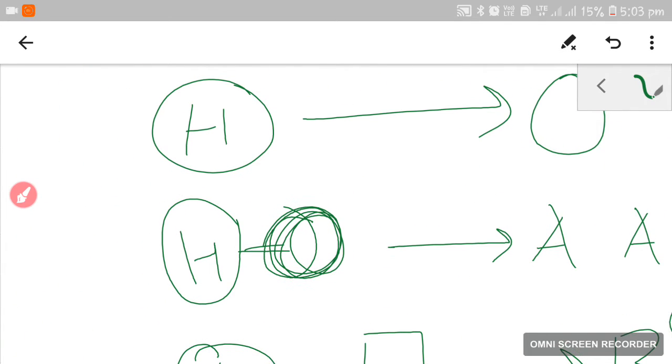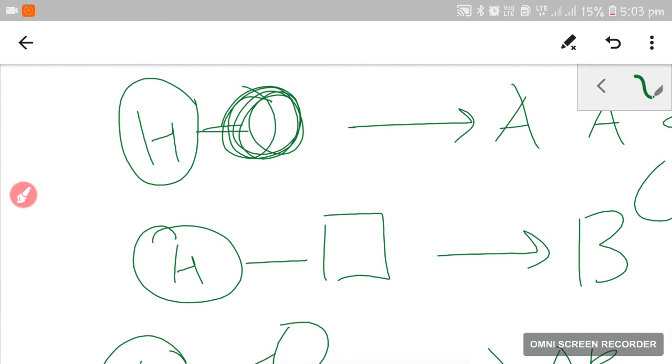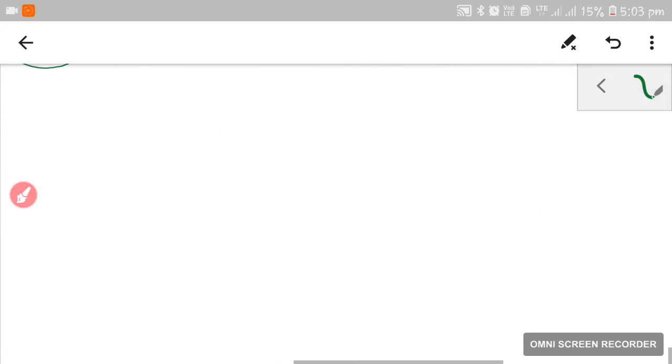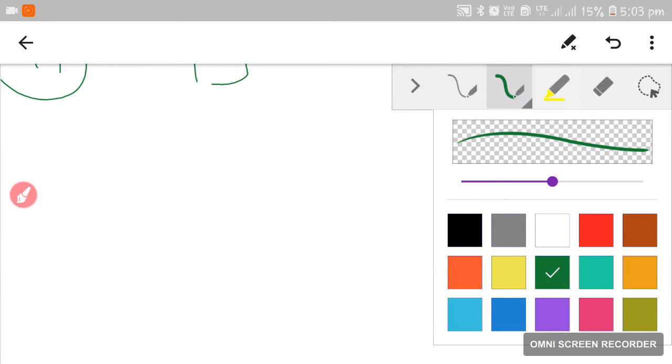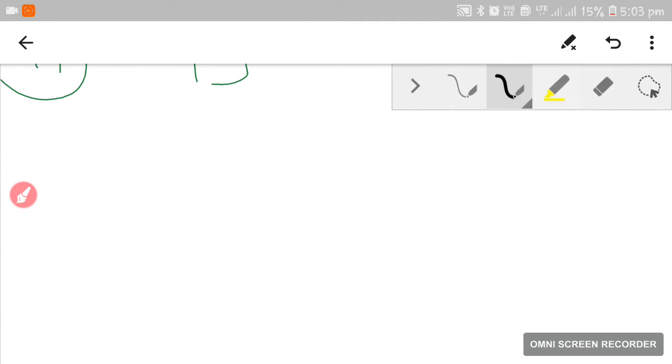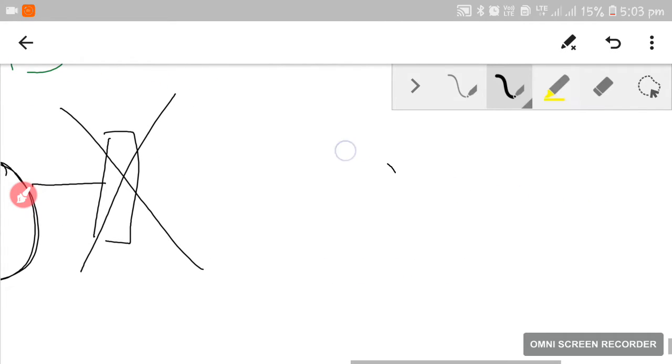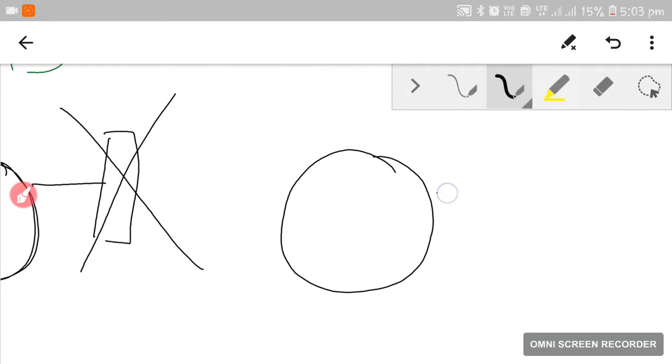These portions have already been discussed in your theory classes, so I'm not going into details of these topics. I'm just recapitulating how the blood group is determined. Now, in rare people, even this H antigen is absent, which means their RBC surface consists of nothing.